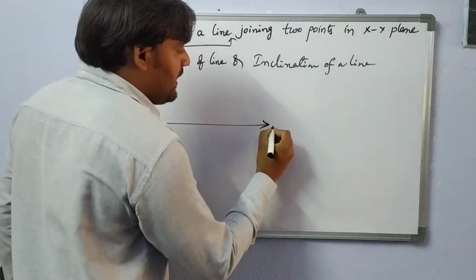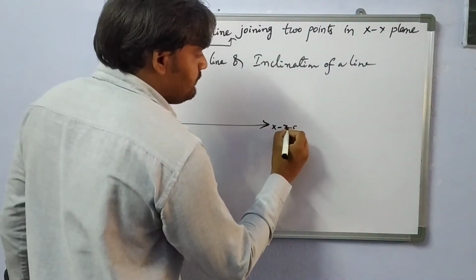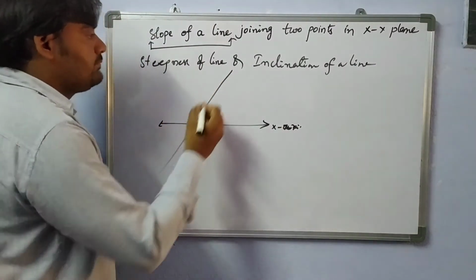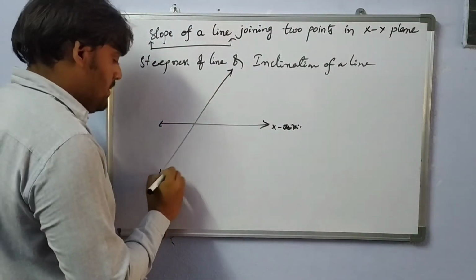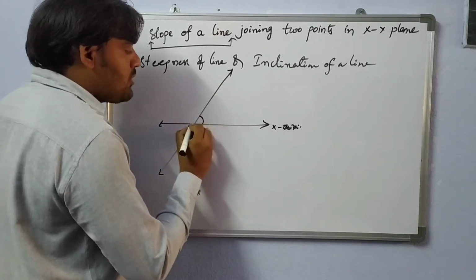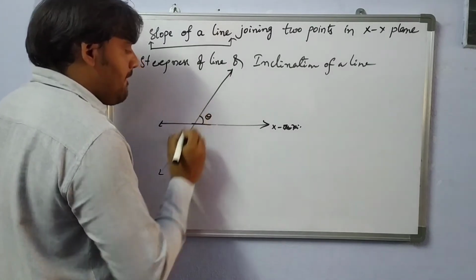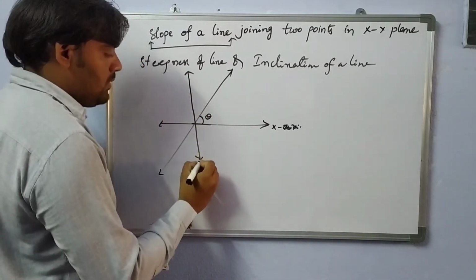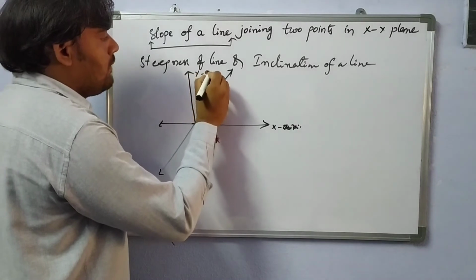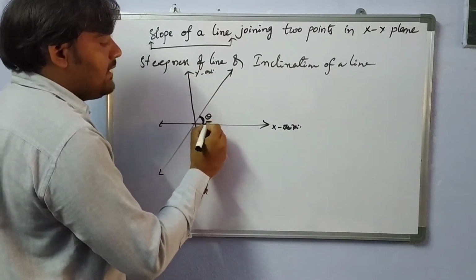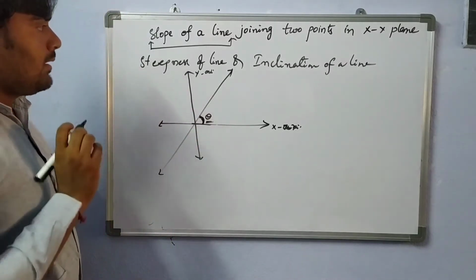Suppose you take the x-axis like this, and one line making an angle with the positive x-axis. That is called the inclination of a line.